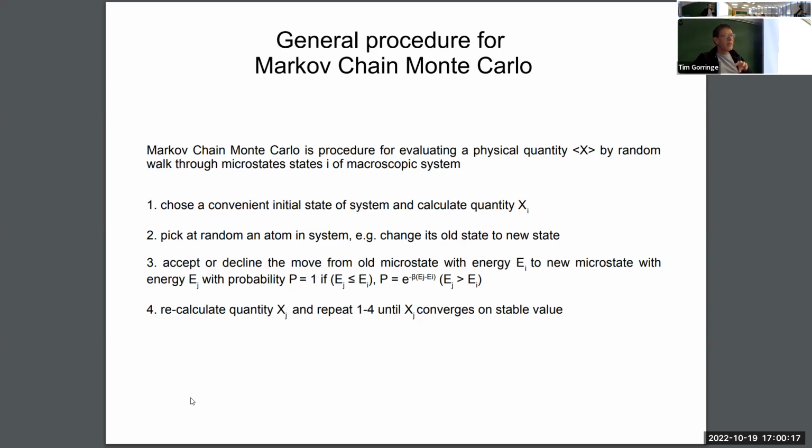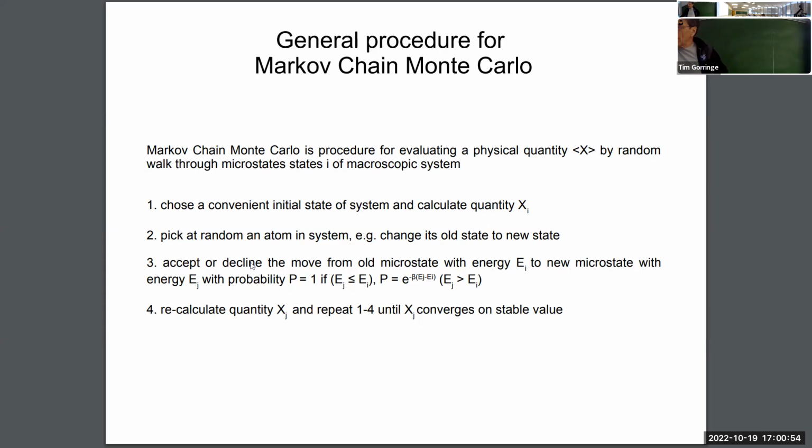You guide that random walk by what's called importance sampling. We don't accept everything. We accept or reject based on the Boltzmann factor. That's a kind of guidebook towards the microstate for the macrostate that will describe the system. So that's item 3 here.